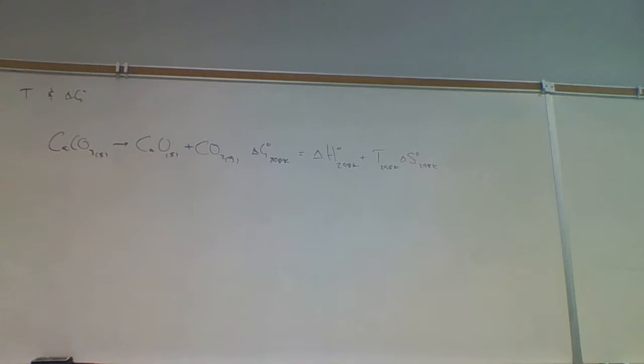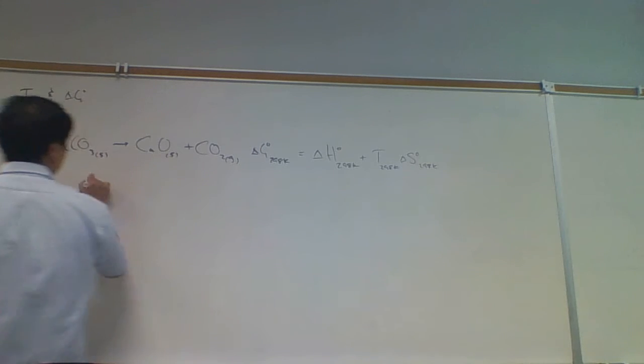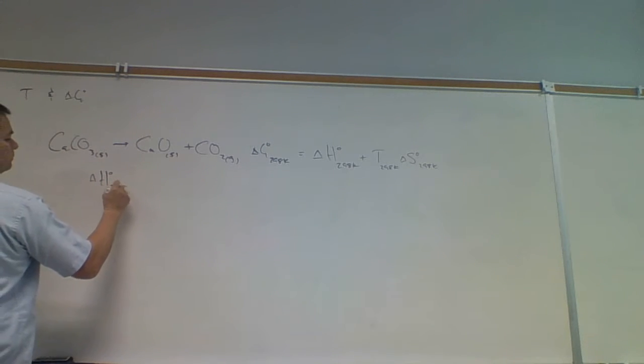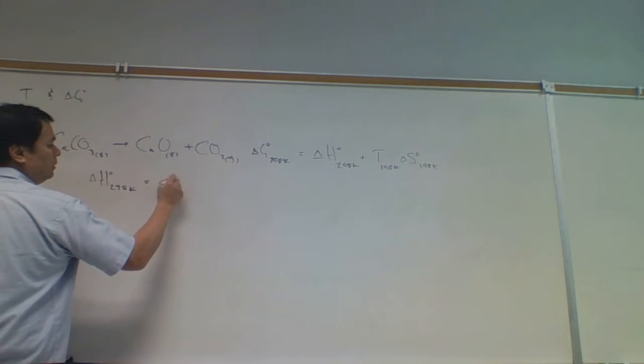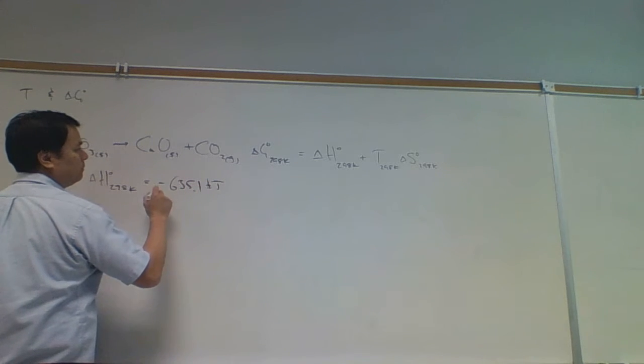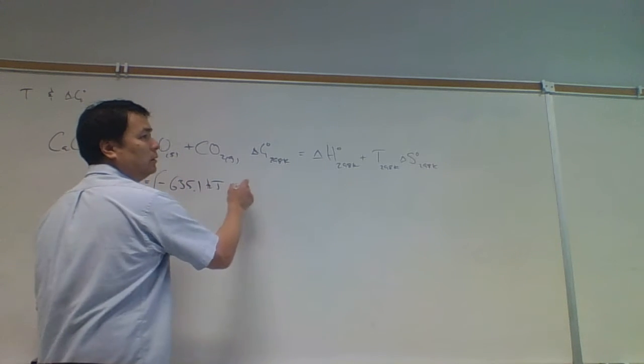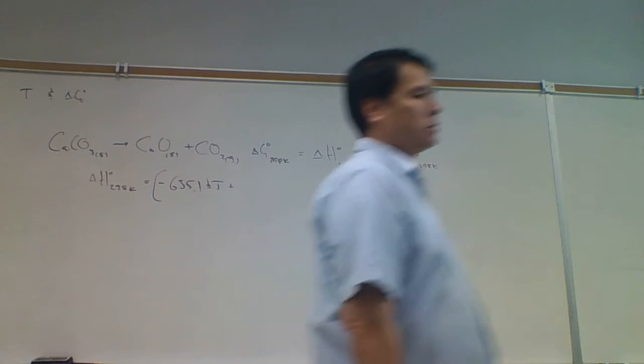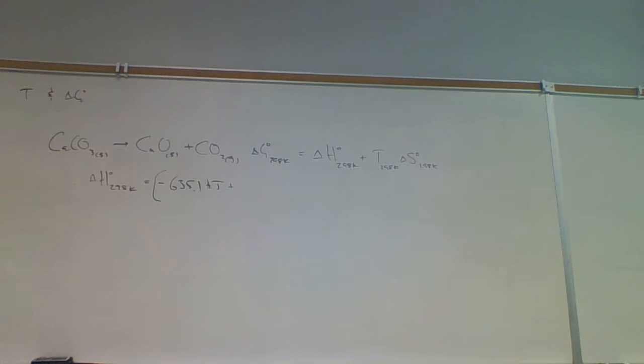All right. So we're going to go to calcium oxide here and figure out the delta H of formation of calcium oxide, minus 635.1. We have 1 mole of that, so it's minus 635.1 kilojoules. 1 mole of CO2, which would be carbon dioxide, minus 393.5.